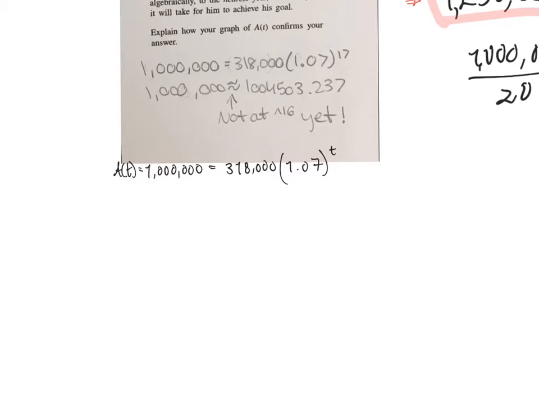But as you did here, you can check what happens if t is 16, or what happens if t is 17. If we look at what happens when t is 16, you're going to find, so 318,000, I'm just doing this here, times 1.07 raised to the 16.